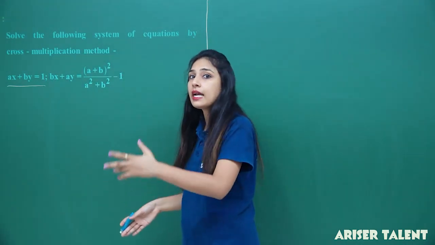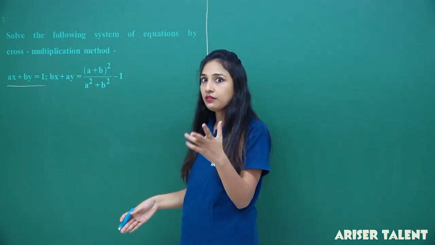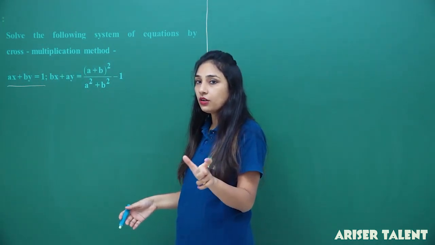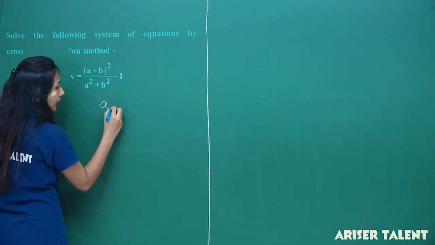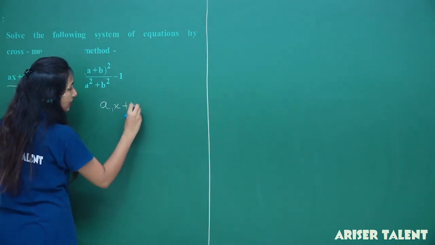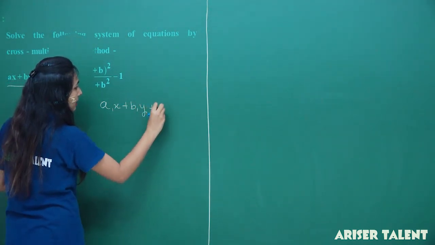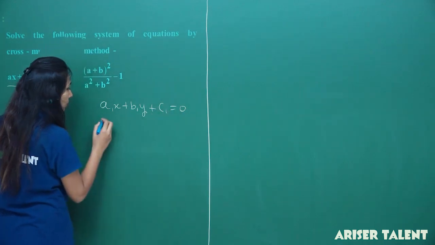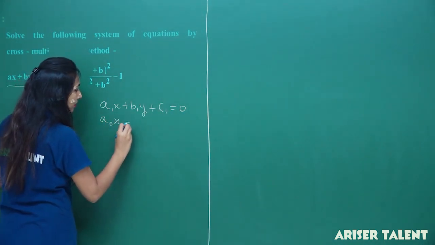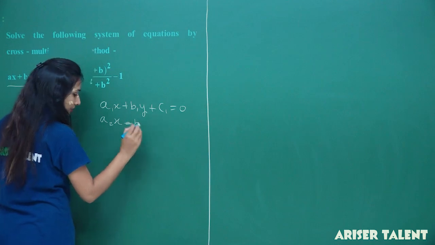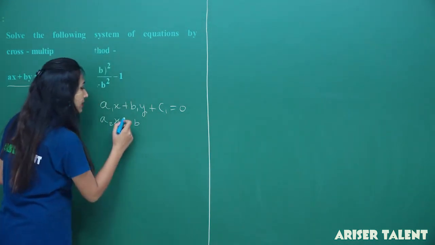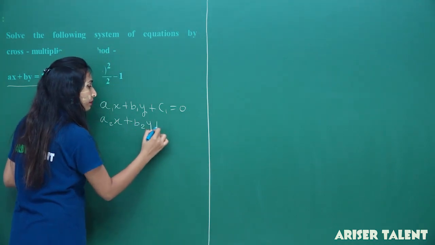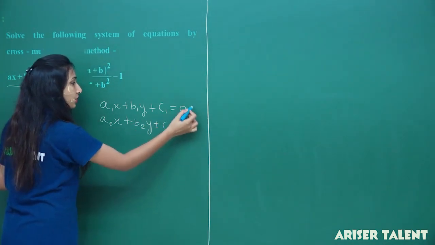For solving such kind of equations, what we have to take care of is that we should convert them into the basic form, a1x plus b1y plus c1 equals 0 and a2x plus b2y plus c2 equals 0.